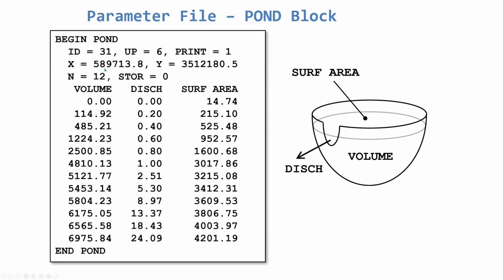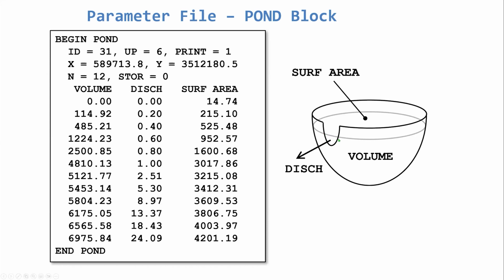Again, we want to know where that pond is in terms of how rain will go onto that. We've got 12 lines describing the volume, discharge, and surface area. Initially, it's starting out with 0 water in it. As this fills up, you get to a point where the pond will spill.